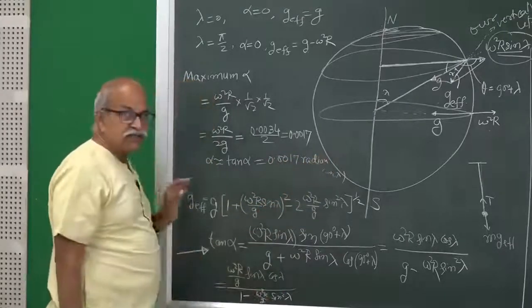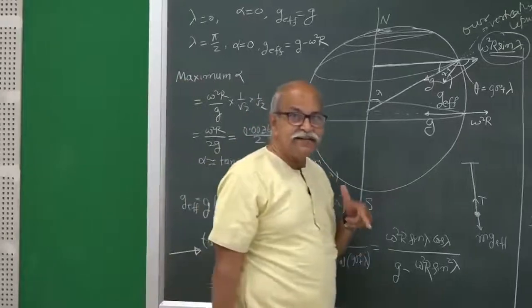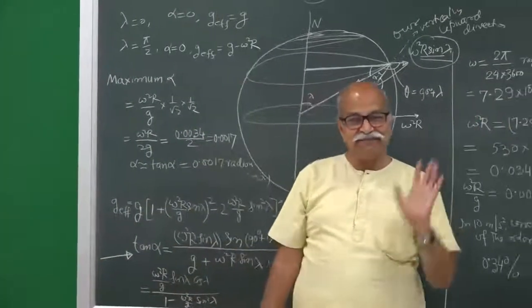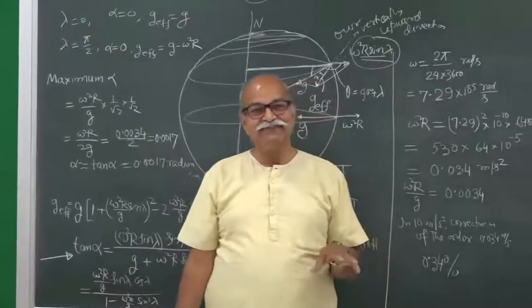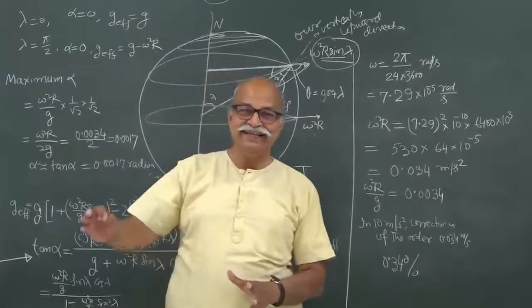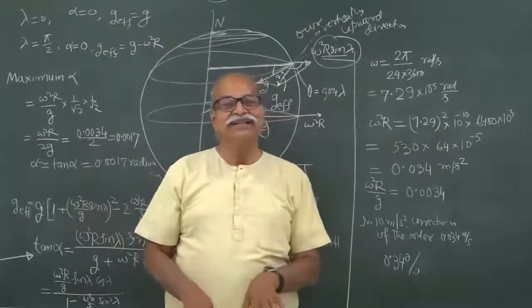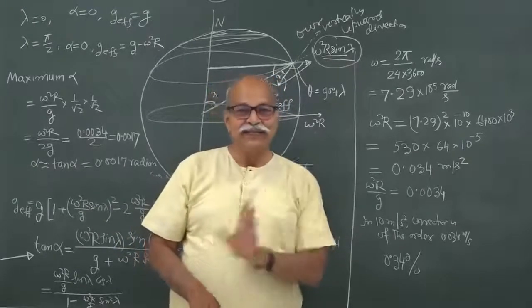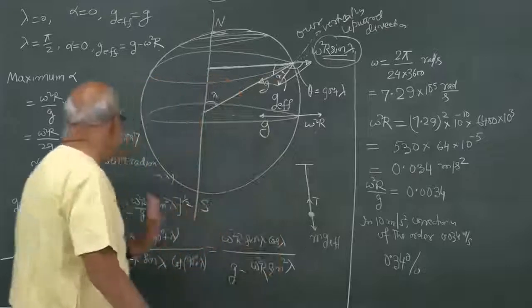So, how many degrees? 1 radian is 57 degrees roughly. 3.14 radian is 180 degrees, and from there you can calculate how much is 1 radian. So, it is around 57 degrees.